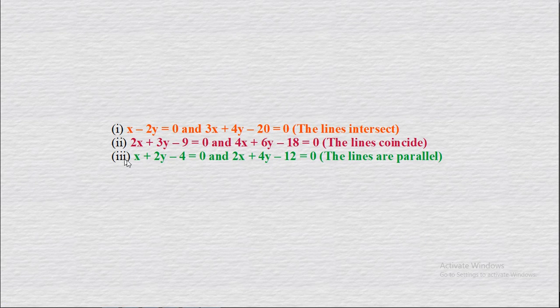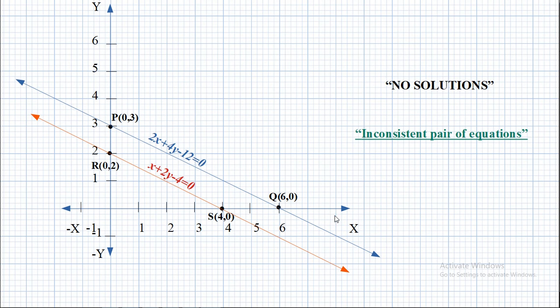In the next case, the pair of linear equations was x plus 2y minus 4 equal to 0 and 2x plus 4y minus 12 equal to 0, and the lines were like this. The lines representing the two linear equations were parallel to each other, not coinciding or intersecting at any point.